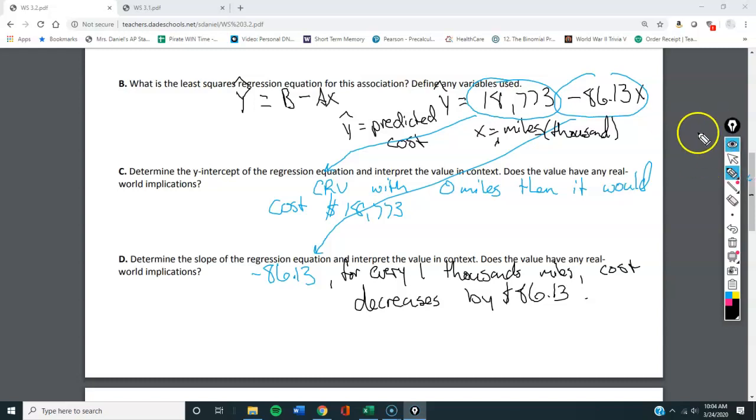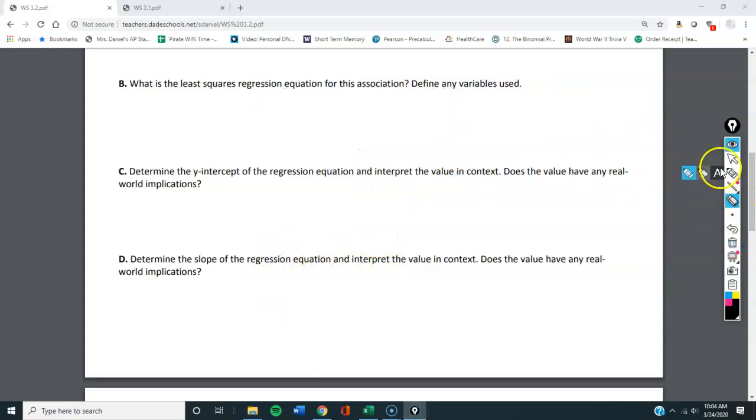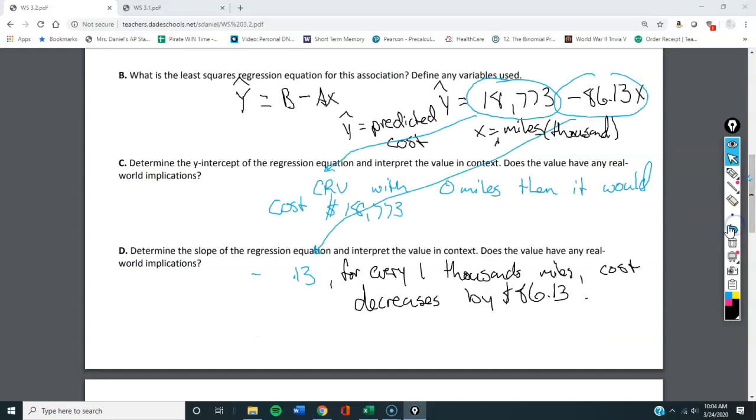Let's talk about one more thing actually on this one. It's not on here, but let's say I want to talk about residuals using this. Oh, I need that equation. A lot of you guys were asking, what if I make up a new question over here? Well, if I said you buy a car with, I don't know, 1,000 miles, I am making it up, and it costs 19 grand. What's the residual on that?